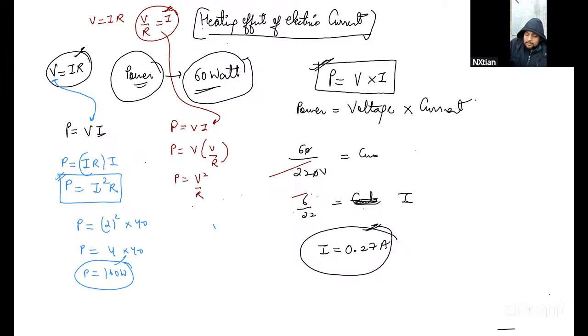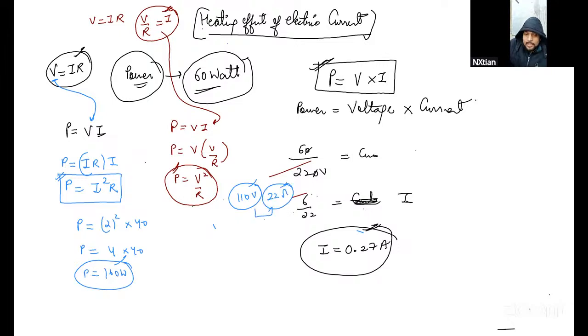This is another formula. Now, when will you use this? For example, the question says 110 volt is applied across an appliance having a resistance of 22 ohm. Then what will be the power?